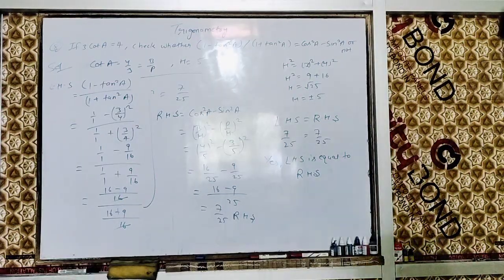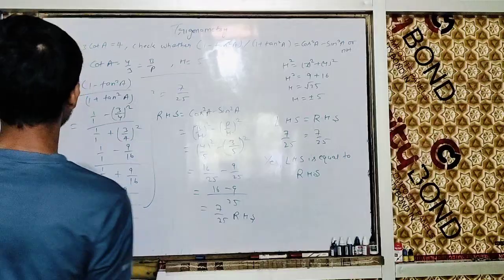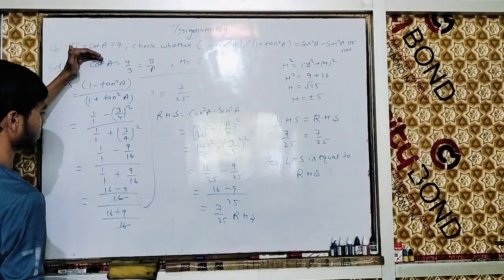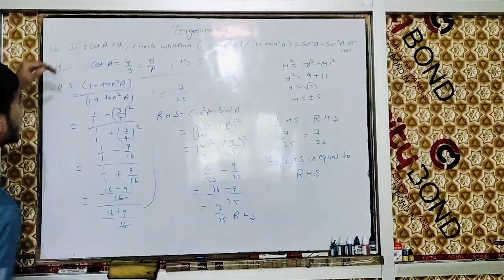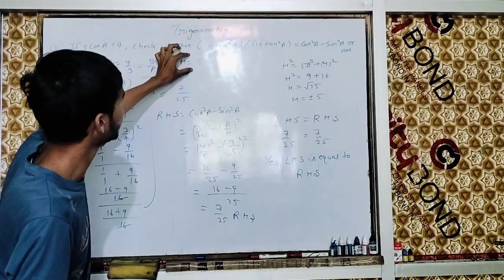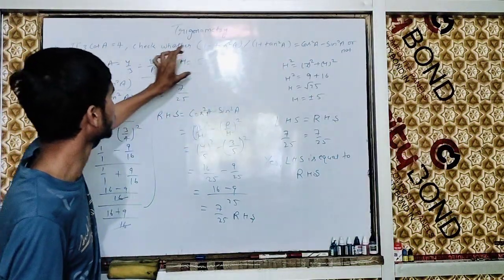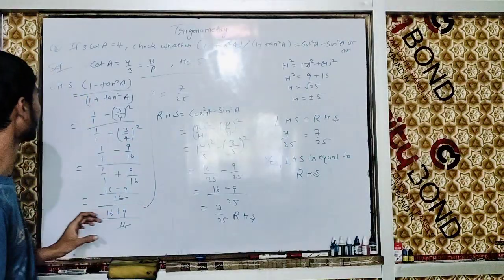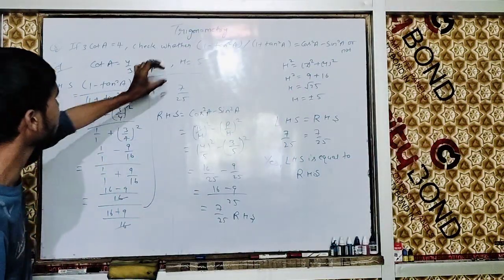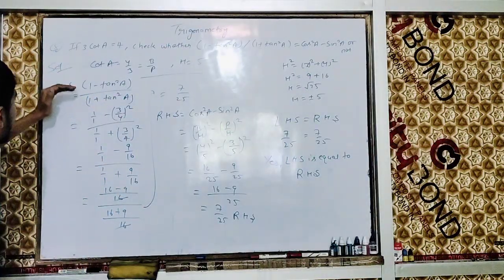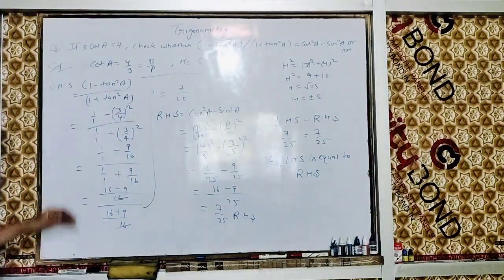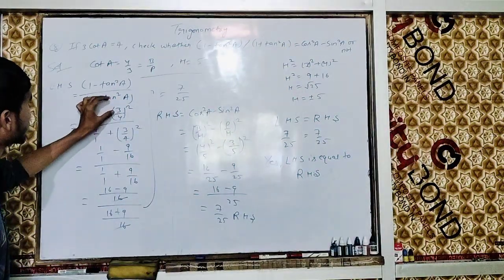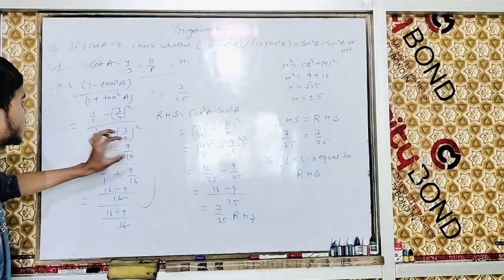Look at here. We started from here and we ended here. In this, we used this theorem so that we can get the measure of H. After getting this H, we started calculating this LHS. Here we substituted the value of tan, and same here.